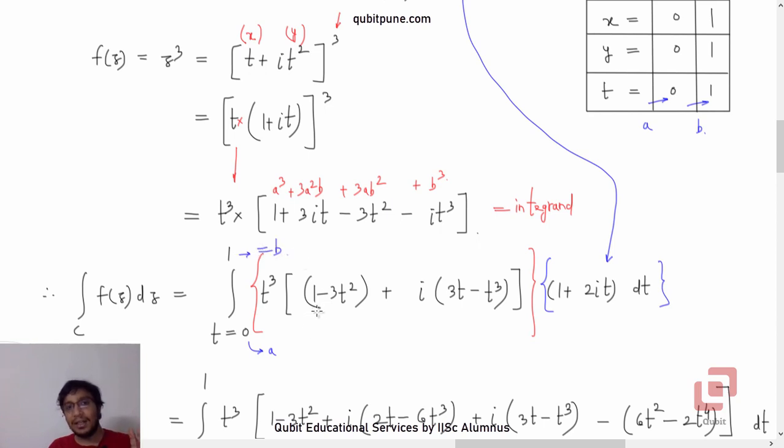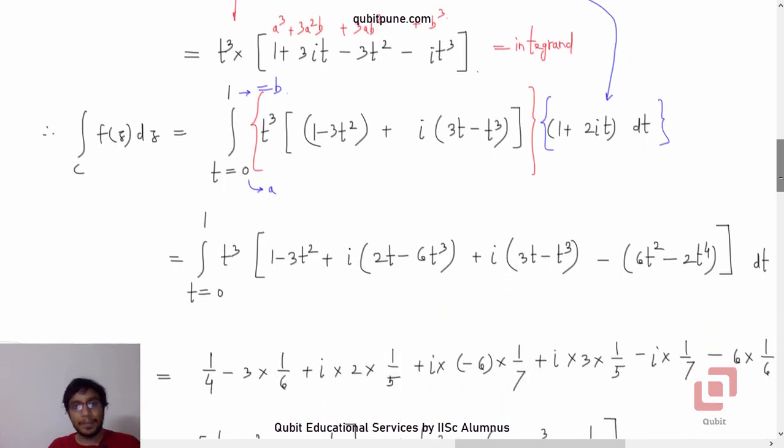Now because t is a real number, we can apply the rules of integration and solve it. The only thing that we should worry about is that i is present in both these terms, so it's better to first get it multiplied. Keep t cube as it is outside the bracket, multiply the first bracket by 1 plus 2it.